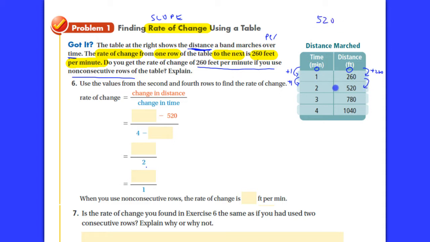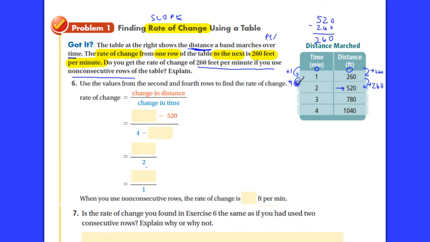They were at a total distance of 520. They were at 260 from the previous minute. If I subtract that, I get 260. So it does increase 260. If I go from 0 to 1, that goes up 260. If I go from 1 to 2, that goes up 260.